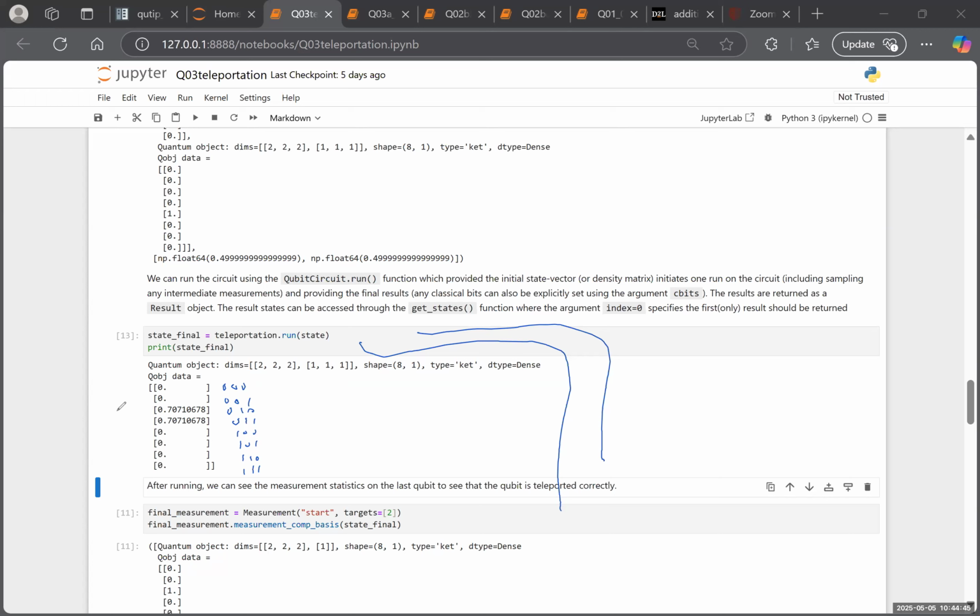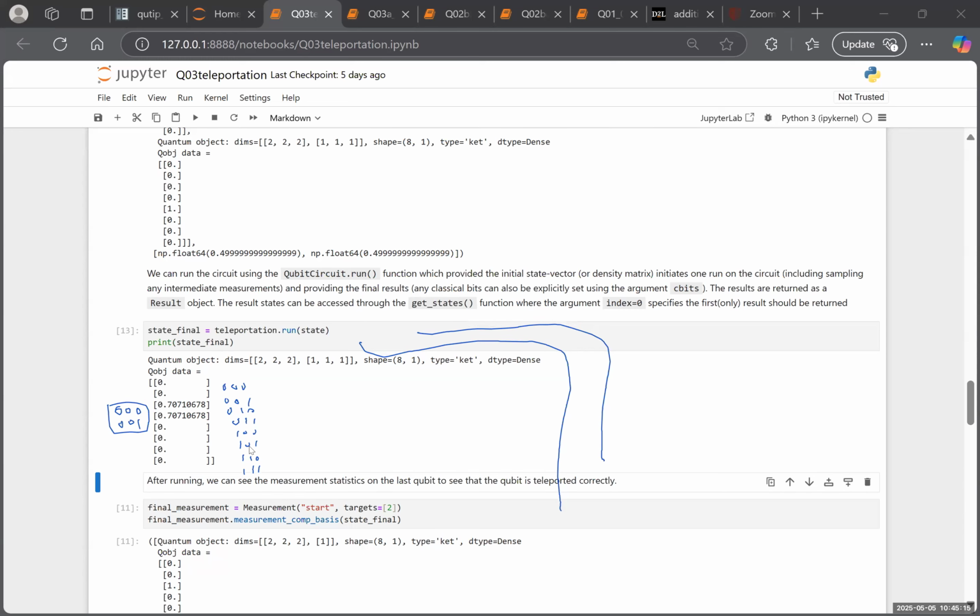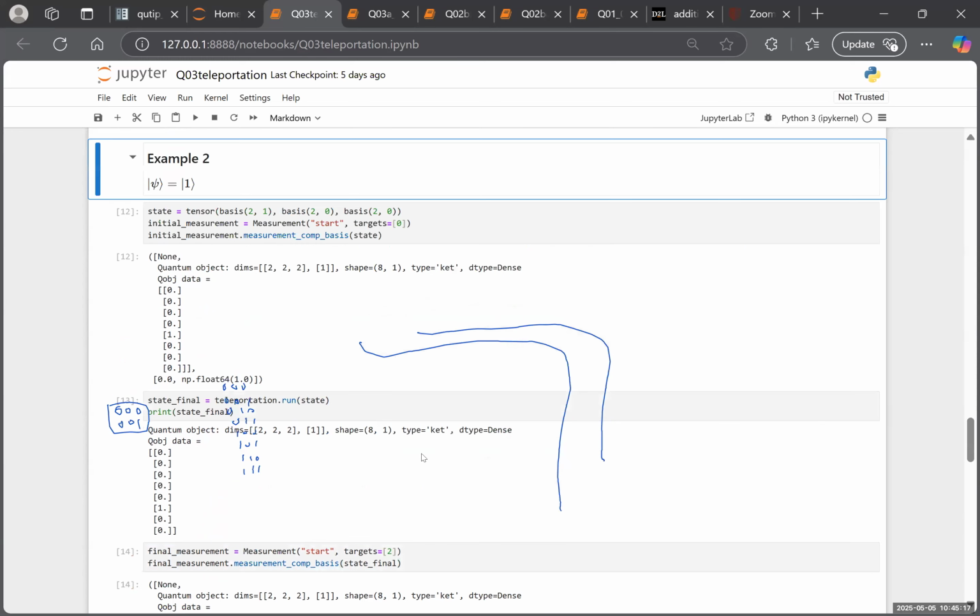I think this, suppose we should label it like this, because this will be qubit 3. So I'm not sure about the labeling of this. Oh, yeah, this is the final measurement.